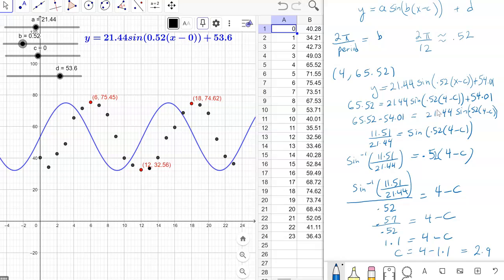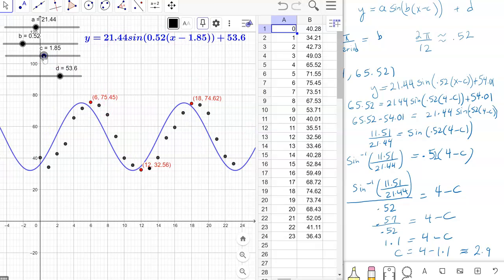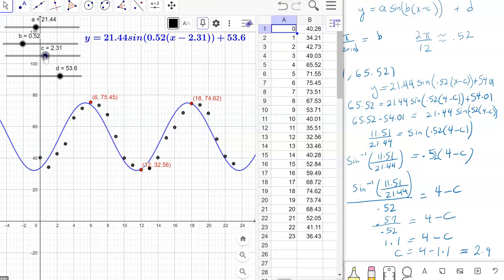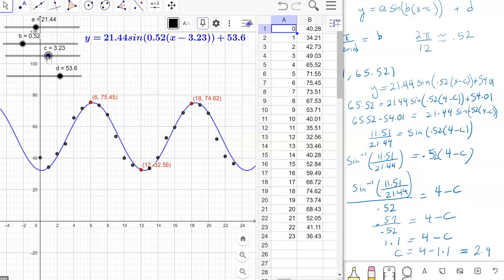Roughly, right? So all of these are approximated. So if I go back to my function and now adjust c to be 2.9, I should have a pretty decent fit for my function.